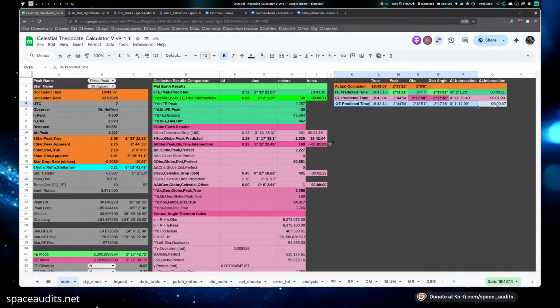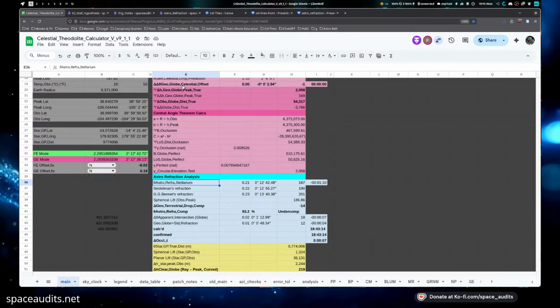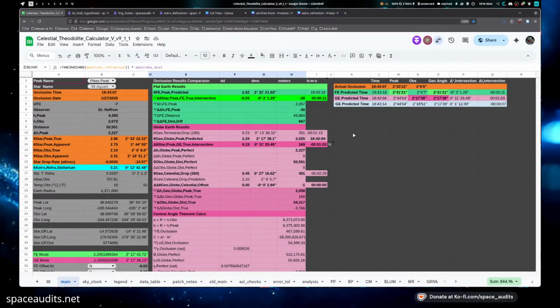K through Q here is all refraction analysis. E through H down here, from E36 to H36 on down to H40 and E40, is all refraction, all compensated for the globe. So this whole I can't, man. It means nothing.